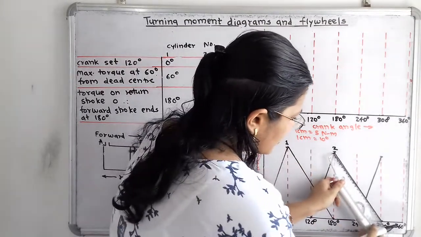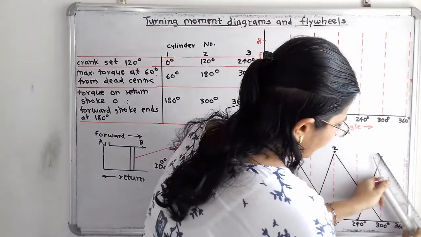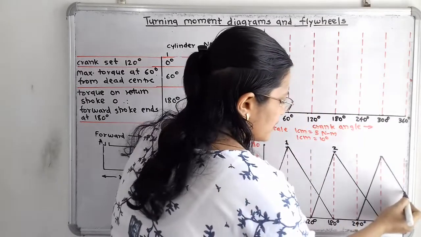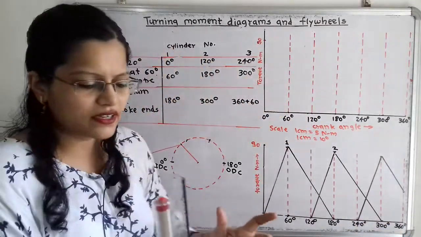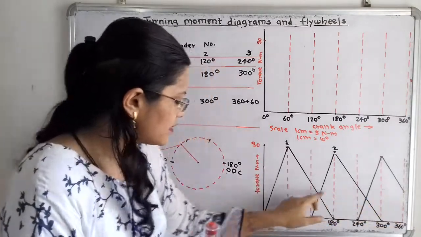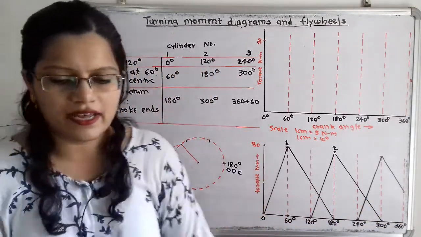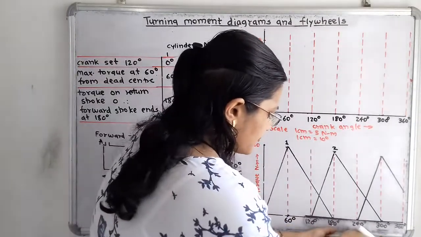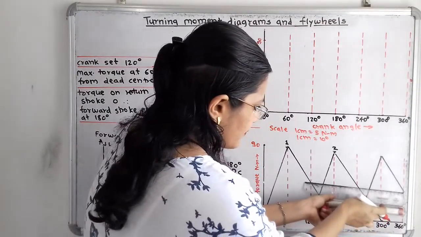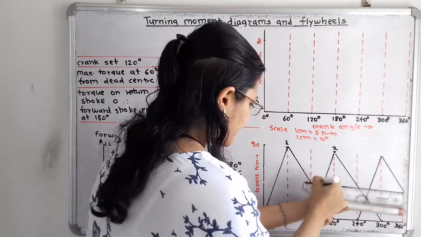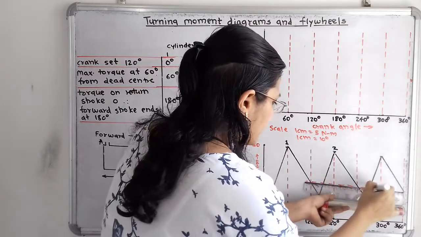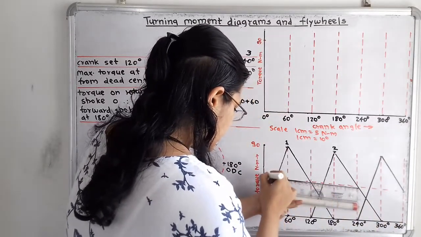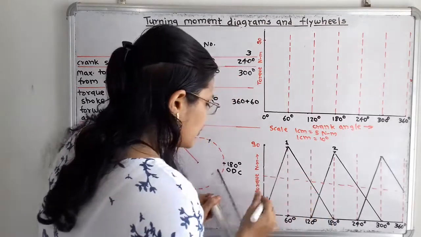So I will take the line here, and here is the point of intersection. Now this point of intersection I will extend onto this vertical line, that is the torque in Newton meter. I will show this line with a dash. So here is the point.